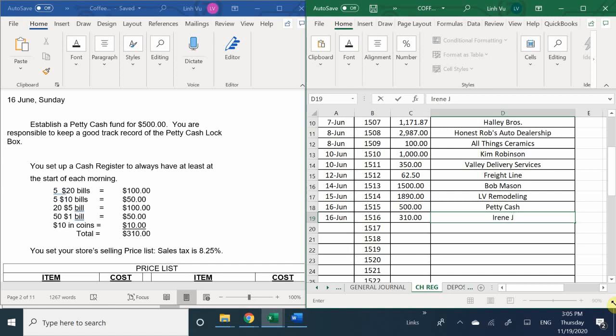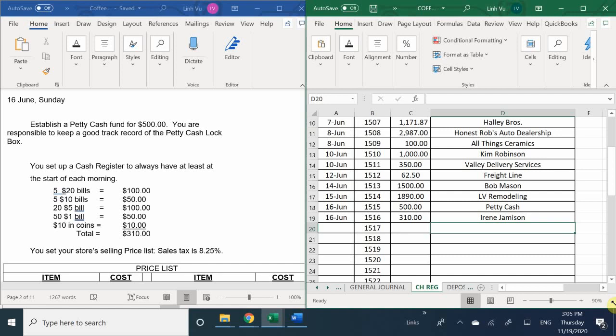Irene Jameson. How could I forget that? Okay, no worries. So for this, just remember when you're making your notes on your little check, that little area at the bottom left corner is where you write your notes.